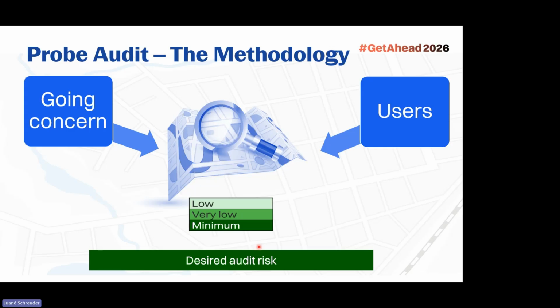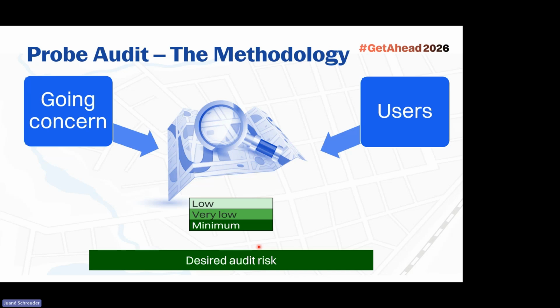So the desired audit risk is determined right at the start of the audit in the planning documents, when we start to say, what is the desired audit risk that I would be happy with to sign off the audit opinion, to say I've reached an acceptably low level of audit risk, which is the wording from the standards, to sign off this audit report.